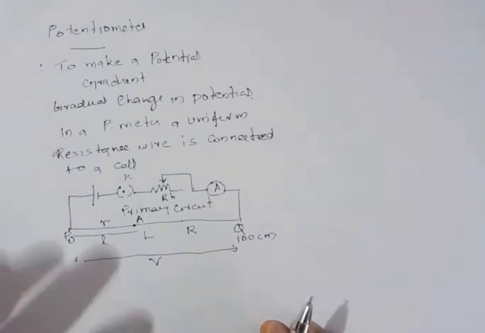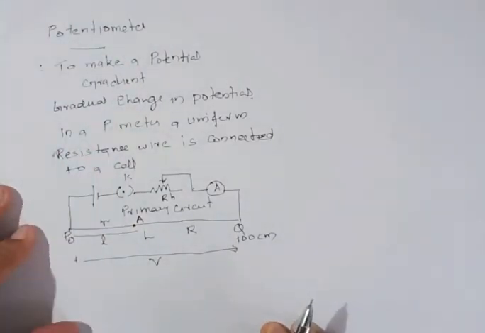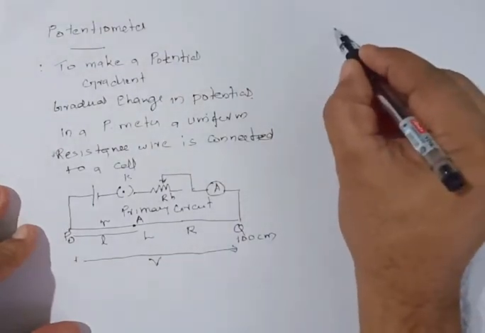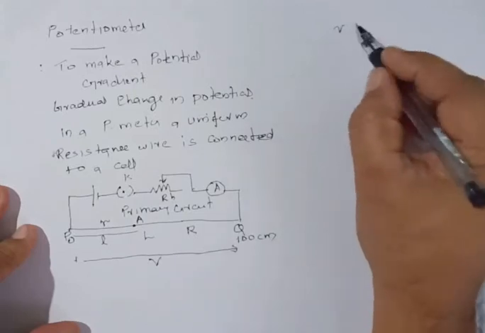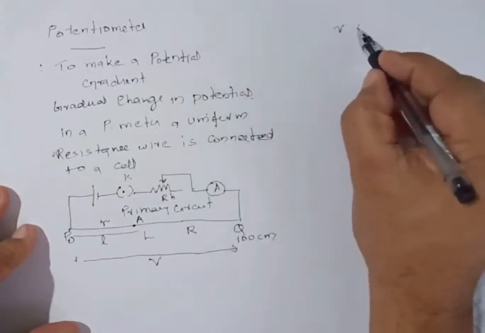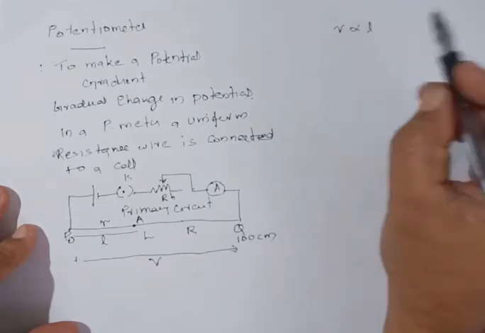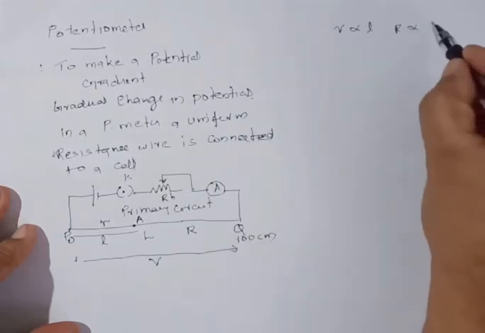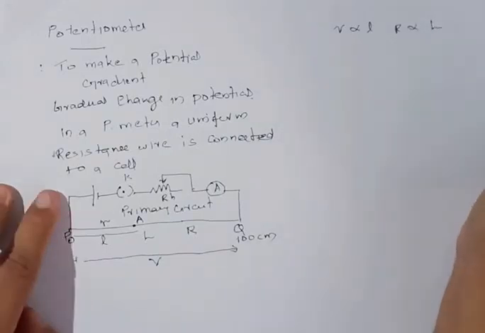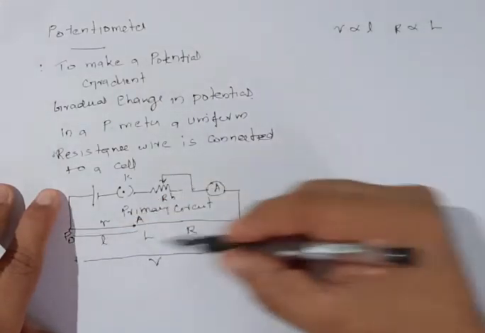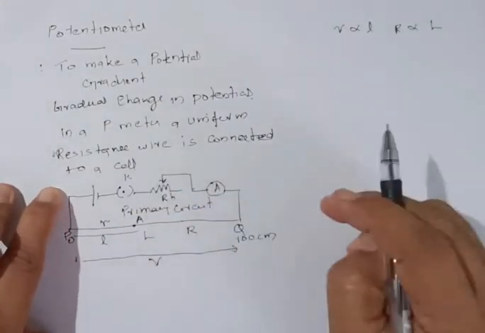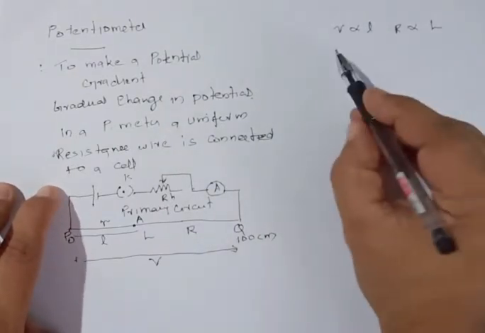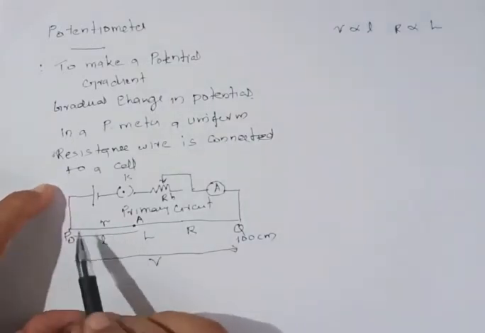So there are several relationships that come in here. We will check them. First thing we can write, the resistance of any segment of this wire is proportional to the length itself. If the total resistance is R, that would be proportional to the total length L. Now, because the current passing through this wire is constant at every single point, we can always write the potential drop across any 2 points.